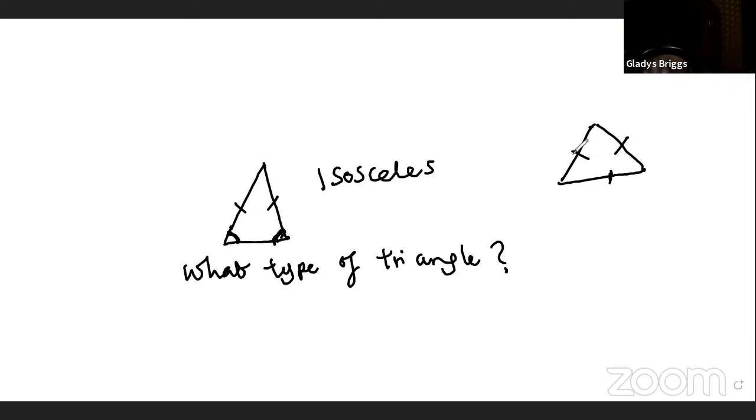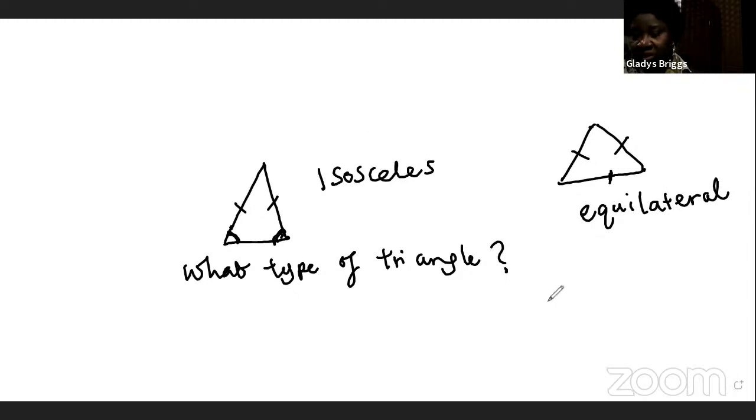Well done to you, Abdullah. Well done. Okay. What type of triangle? Oh, this one is an equilateral. Okay, equilateral.